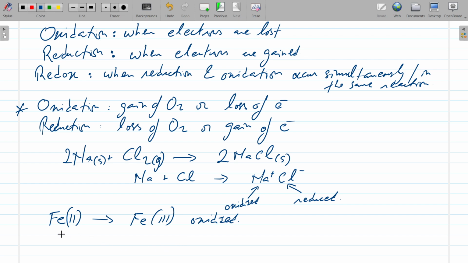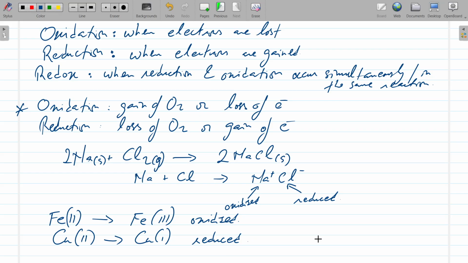And if you have copper 2 going to copper 1, that means it gained an electron, which means reduction. It was reduced.